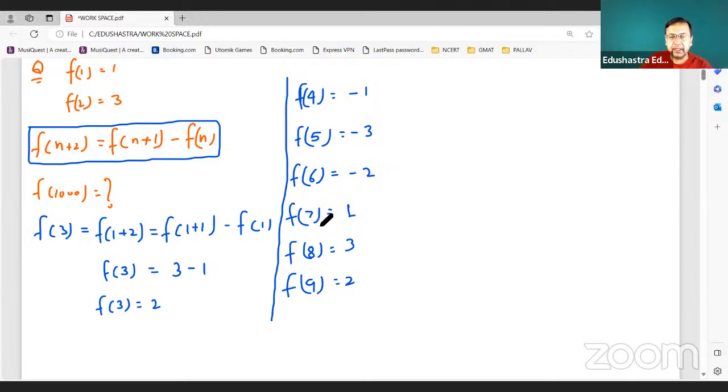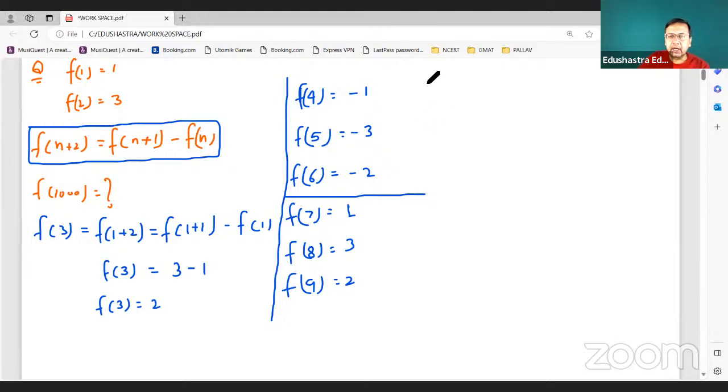So I can say that after F6, the function is repeating its values. This is a cyclic function of sixth step. After every sixth step, the values are getting repeated.